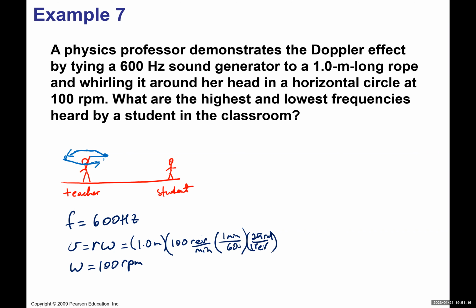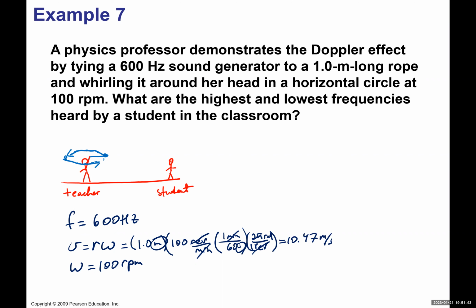Then we can see that revolutions cancel out, minutes cancel out, and radian is not a real unit. So what we end up with is meters per second, which is the unit we want. Doing the calculation, we should get 10.47 meters per second. So that's how we find the tangential velocity.